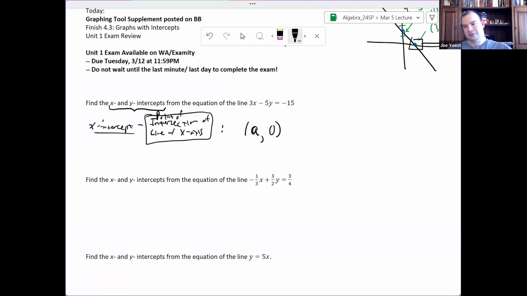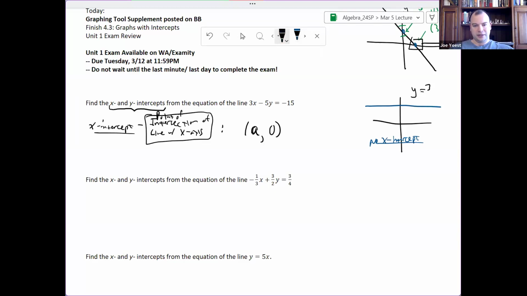We could have, say, a horizontal line like Y equals 3, and this has no X-intercept. But if we have any line other than a horizontal line, we'll have an x-intercept.